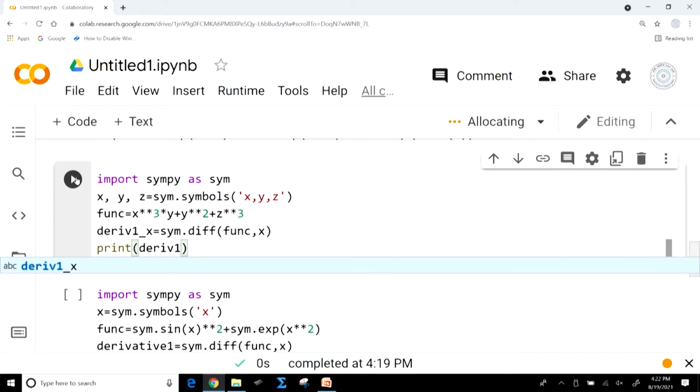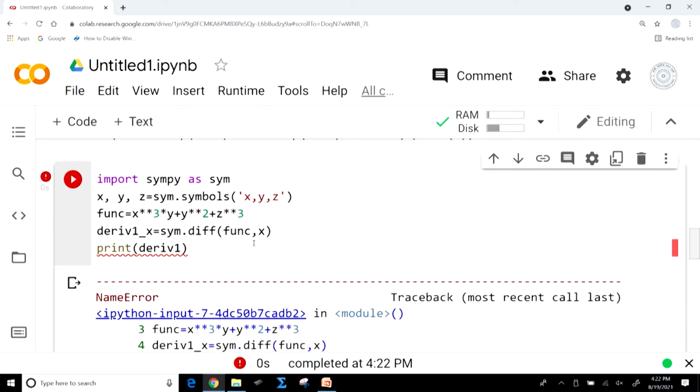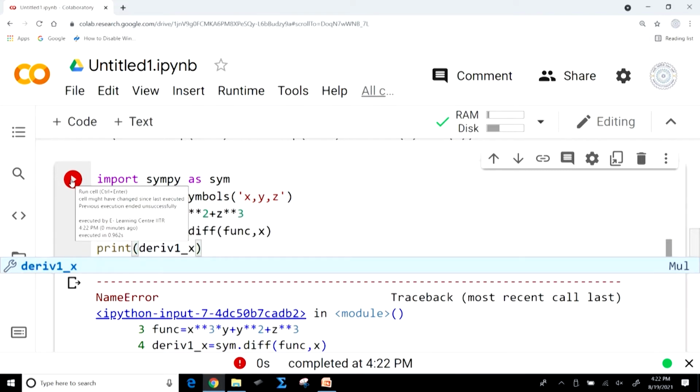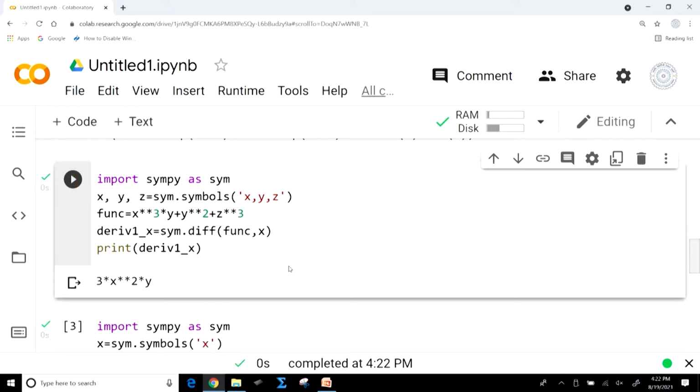So, now if you run it, this is the partial derivative of this function with respect to x.